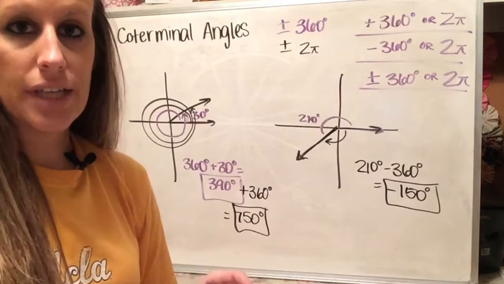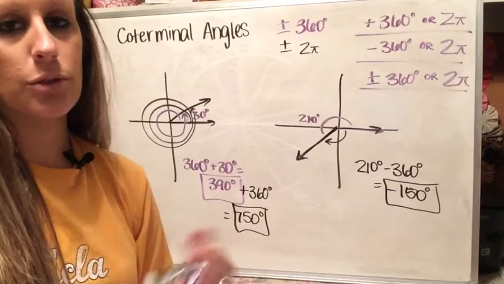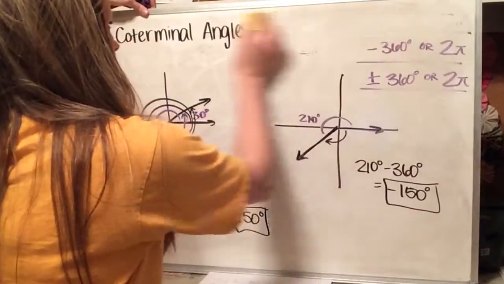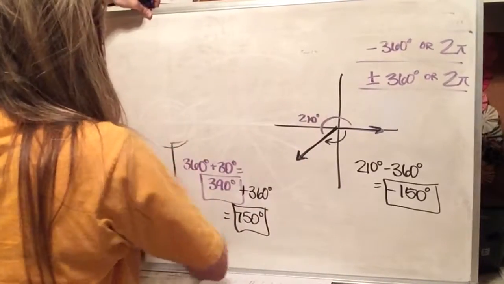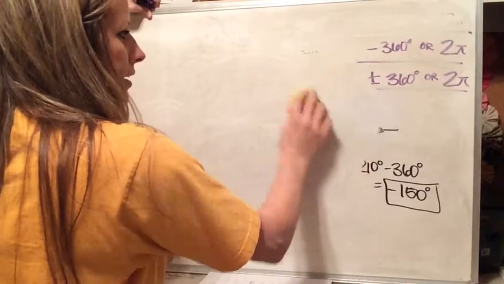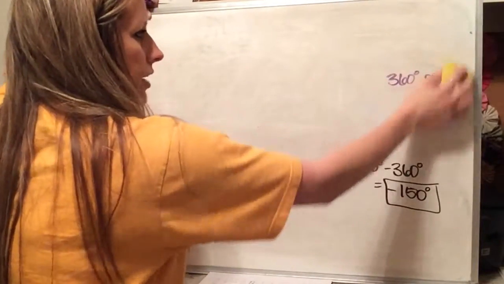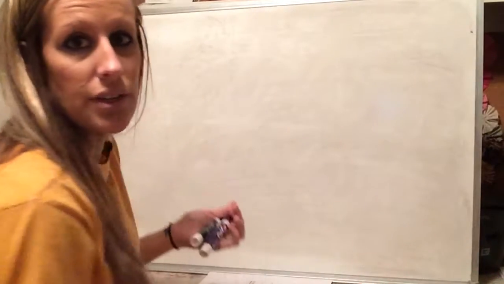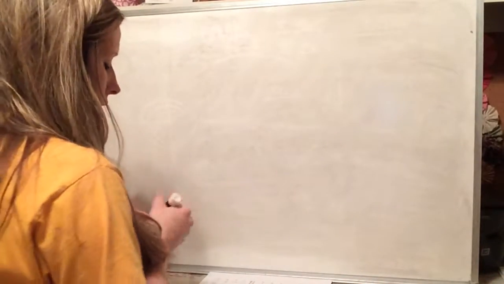So I'll do one of each section, then I want you to try it, and then we'll check. Okay, we'll do it that way. So let's look at number 3. Number 3, all we're going to do is find one coterminal angle. And all of you guys could end up with a different answer and still be right, since there's an infinite number of them, right?